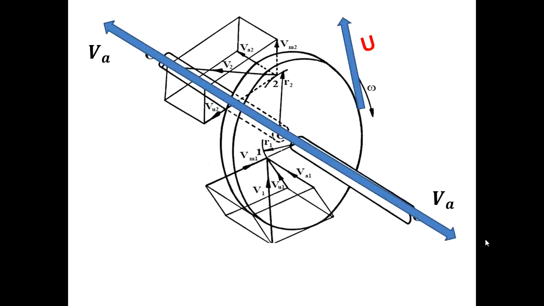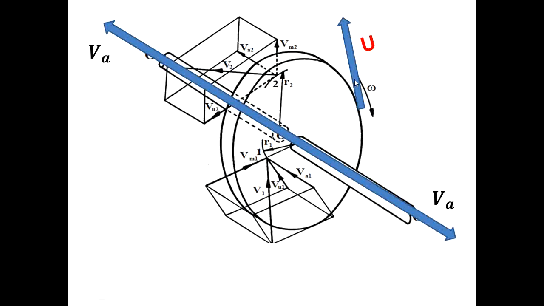Next, the turbine. This is the turbo machine. So this is the axis, the axial component VA, and the blade velocity will be in this direction. That means the axial component of the turbine and the blade velocity will always be in perpendicular directions.